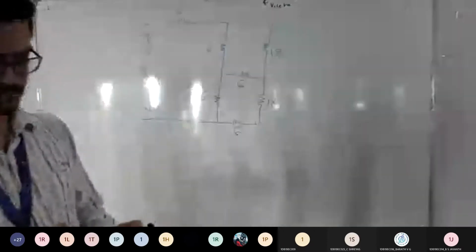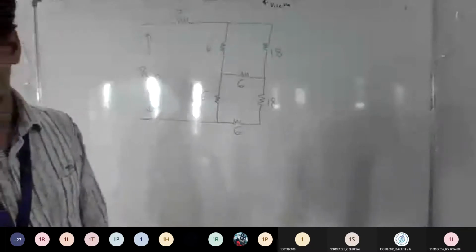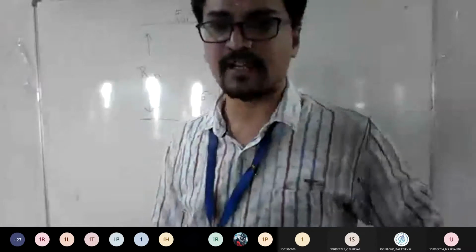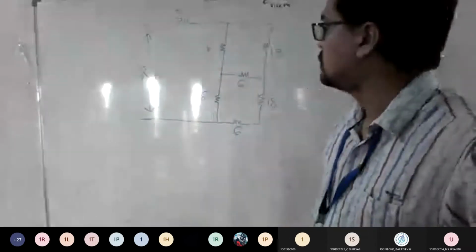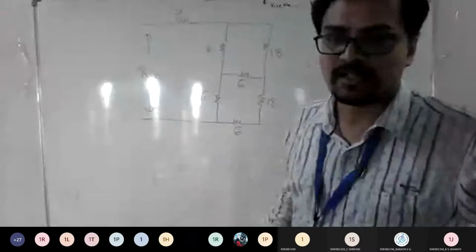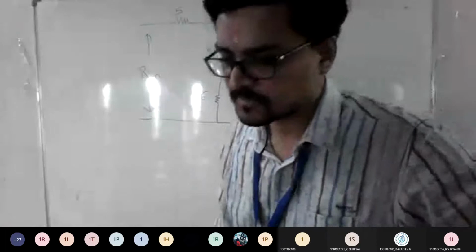So this is the question, everyone. Using your technique of conversion, whether you apply star delta or delta to star, it's left to you. Using that logic, I need to simplify what is the value of Rin. It means n number of resistors are there, and I need to get only one equivalent resistor Rin. That is the question.